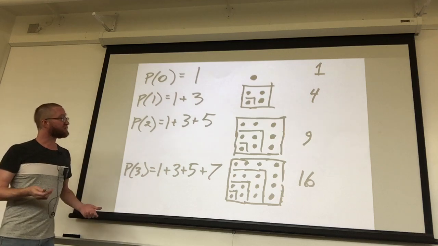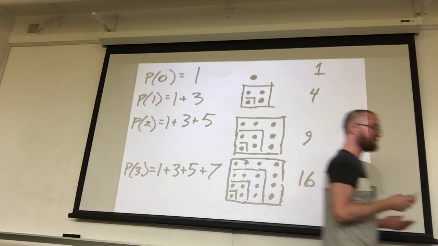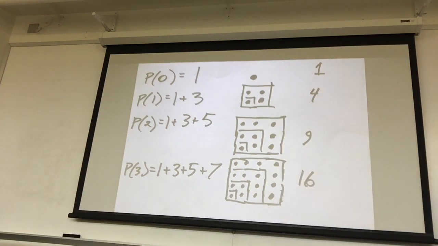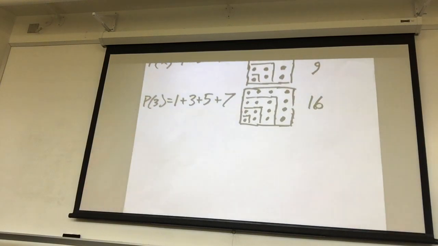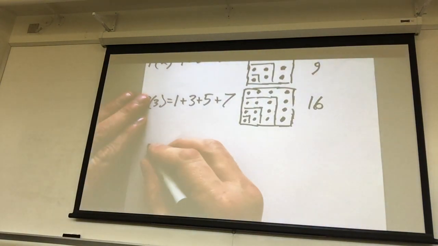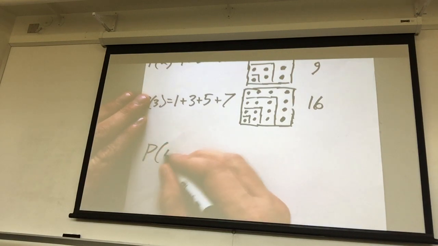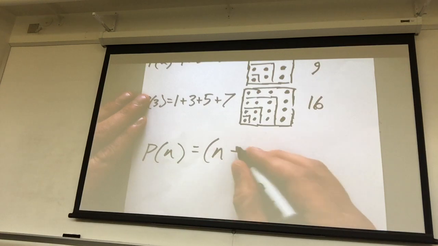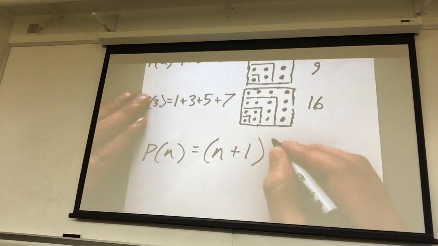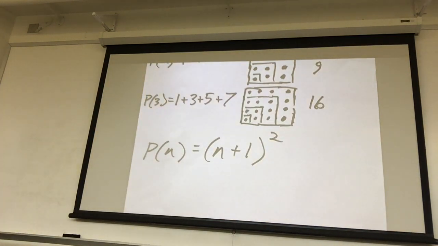Okay, so it's always up by 1. So we can make the assumption, just based upon this diagram right here. If we look at P of 3, we'll say, well, P of n would equal n plus 1 squared.